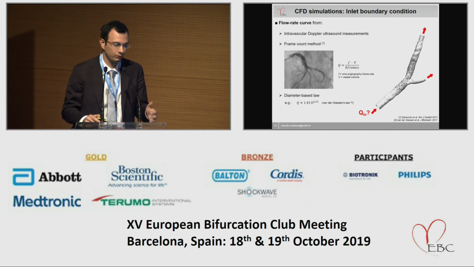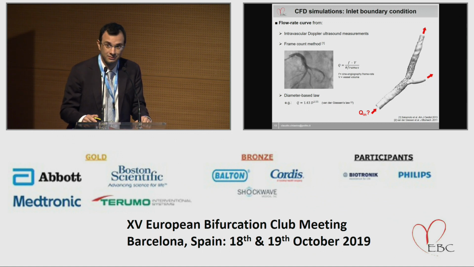As an alternative, we can use a diameter-based law or the frame count method, which is based on counting the number of angiographic frames for the contrast agent to pass from the inlet to the outlet of the vessel. However, this method is very rough.